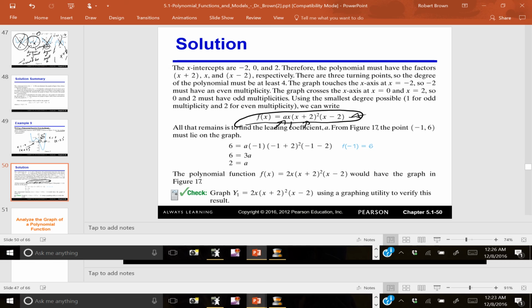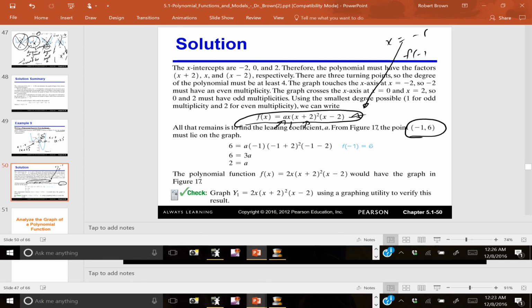Now all that you have to do is find out what a should be so that the point minus 1, 6 is on the graph. So we put x equal minus 1 into the equation.